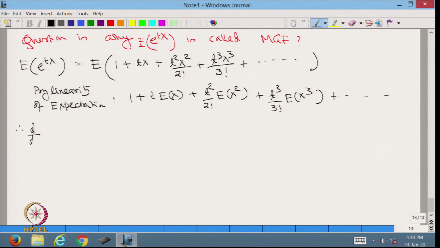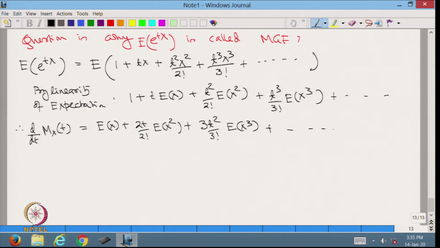Therefore, d/dt of M_X(t) is equal to expected value of x plus 2t upon 2 factorial expected value of x square plus 3t square upon 3 factorial expectation of x cube, an infinite sum.